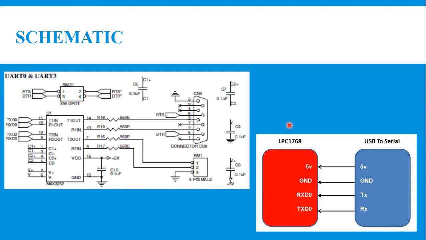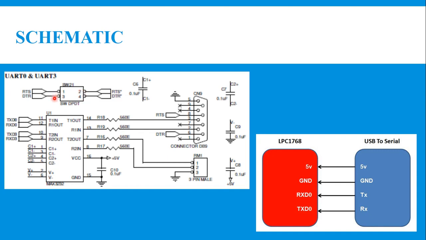Now you are looking at the schematic of the UART available in the LPC1768. You can observe TXD0 and RXD0 are the transmit and receive data pins of UART0. The switch 21 is used to control the data transmitted and received by the USB as well as the LPC1768.